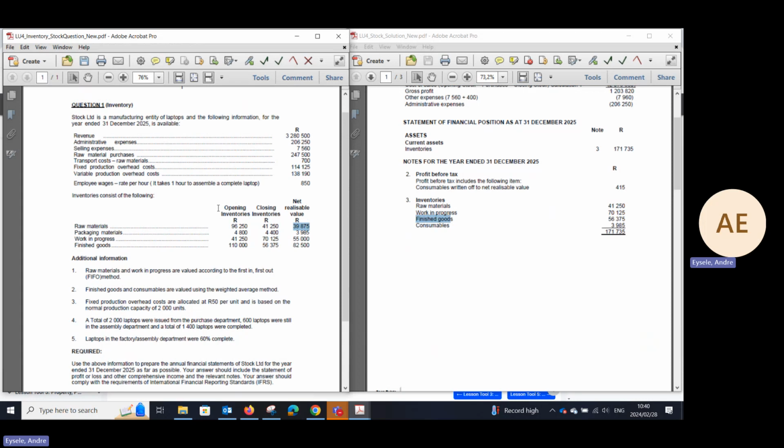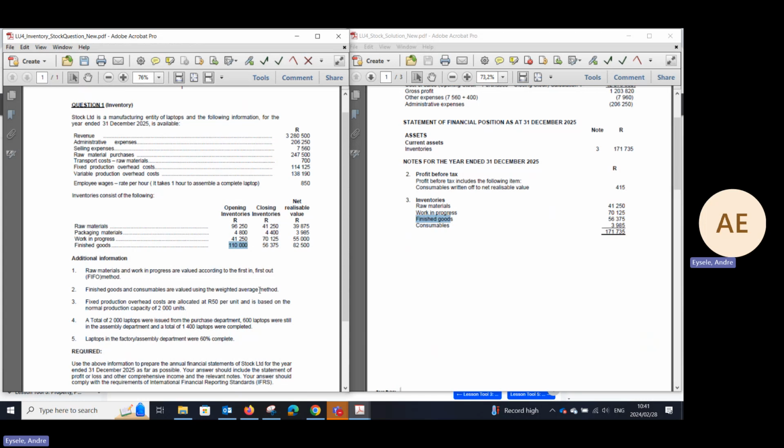Now they've given us the opening inventories, which is 96,250 for raw materials. They've given us packaging materials of 48,800. They've given us work in progress of 41,250 and finished goods items. That is your starting off point for the calculation of cost of sales.